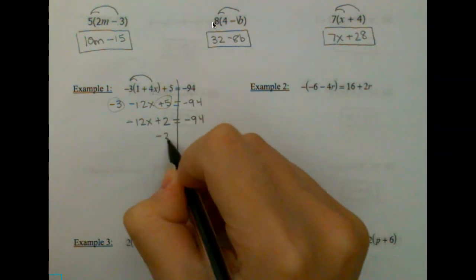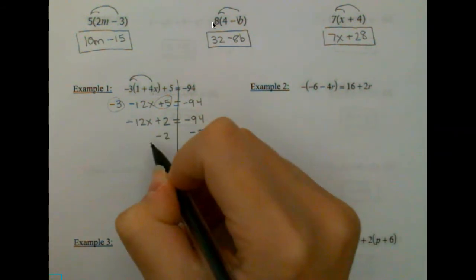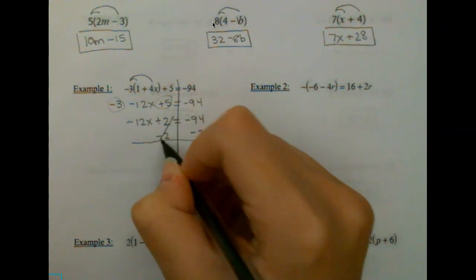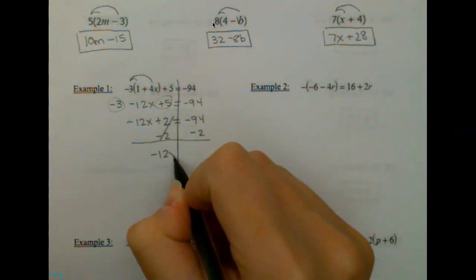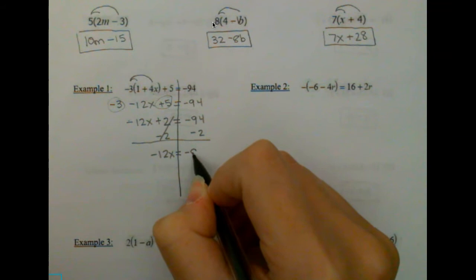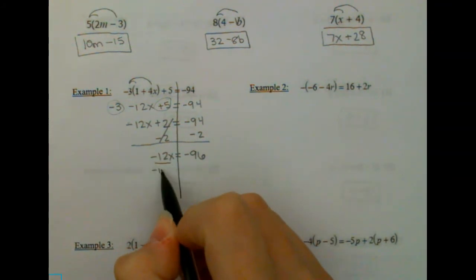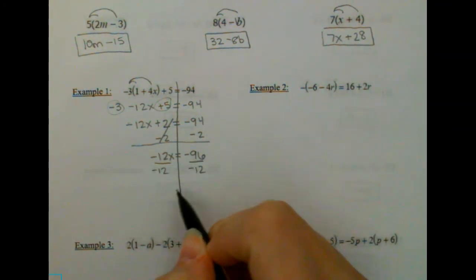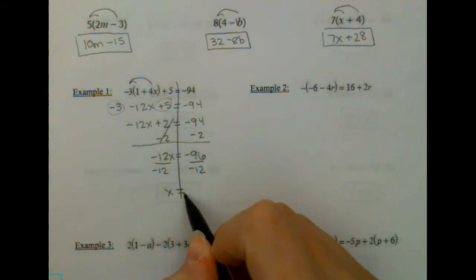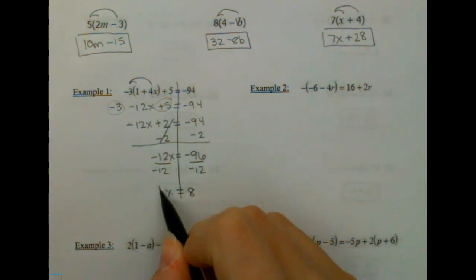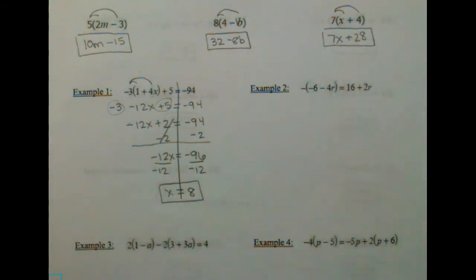Then I'm going to subtract that 2 on both sides. And I get negative 12x equals negative 96. And then I'm going to divide both sides by negative 12. And I'm going to get that x equals a positive 8.